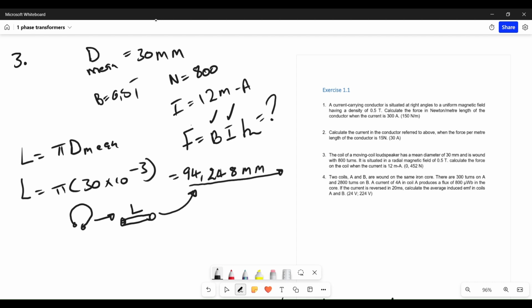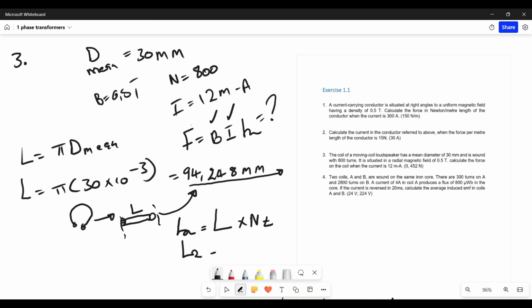So for us to have the total length, we're going to have to take this length in one turn and repeat it 800 times to form a coil that has 800 turns. So now we're going to say the L that we want is equal to L times number of turns.